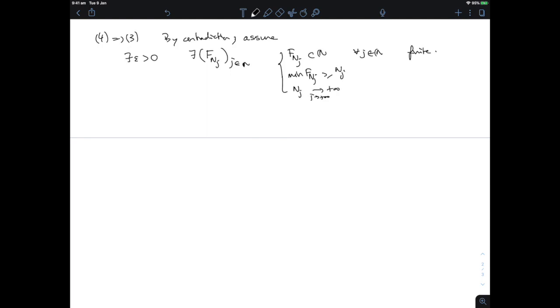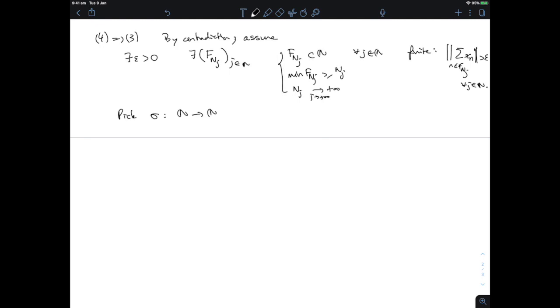All right, so we pick finite sets further and further out such that we still have that the sum of the x_n, n in F_j, is greater than epsilon for all j. Okay, we can do that for every j. And so what we're going to construct is a bijection.